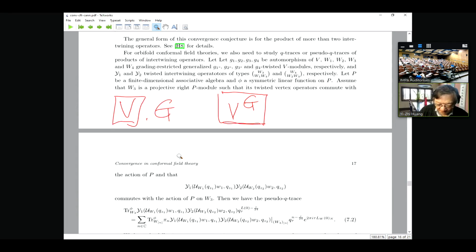Then V is contained in this huge structure, which maybe I call W. So we can enlarge the vertex algebra into this larger structure, and then probably use some kind of technique. That's one of the main motivations, at least mathematically, for developing this general orbifold theory.